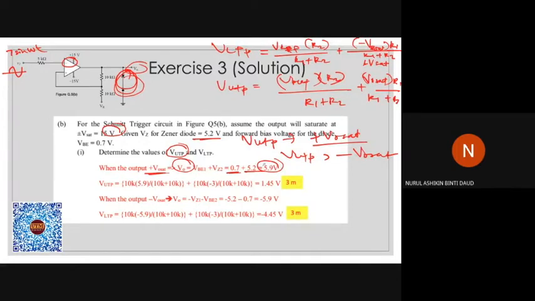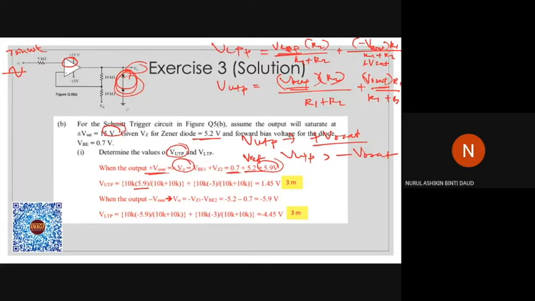And this value you need to put here as the V reference for VUTP. So this value will be 5.9 volts, and this will be the V reference value, 5.9 volts.